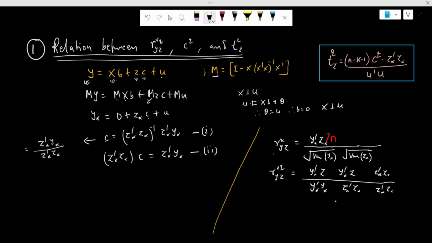Because the numerator is of order 1 into 1, and the denominator is also of order 1 into 1, because both z and y are vectors of order n into 1, and z transpose is of order 1 into n, and y is of order n into 1. So if we operate it, this will result in a pure scalar.